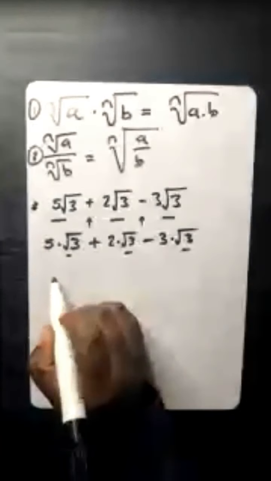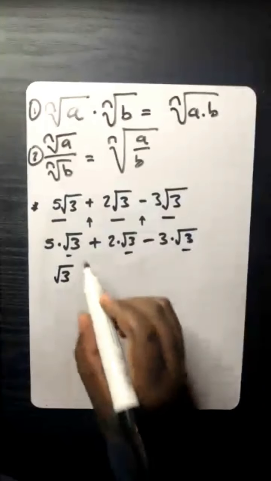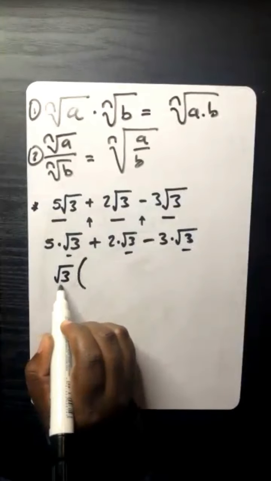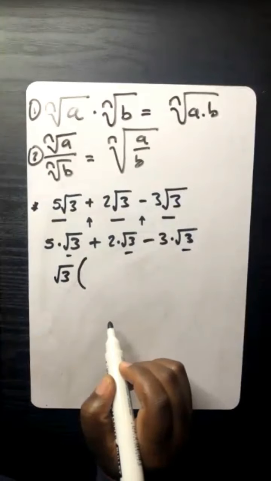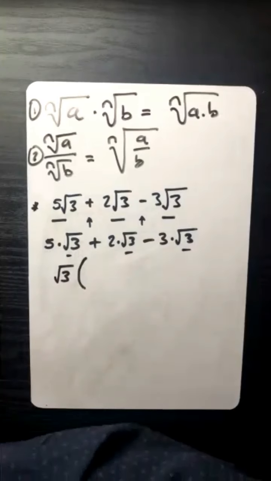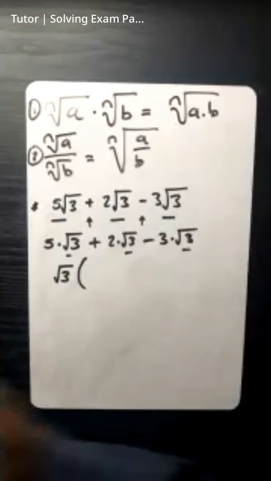Yes, sir. Let's take it out. So that means if we take it out, we can write it outside and write everything which was attached to that square root of 3 inside the brackets. What is the first number which is attached to the first term? 5, sir.